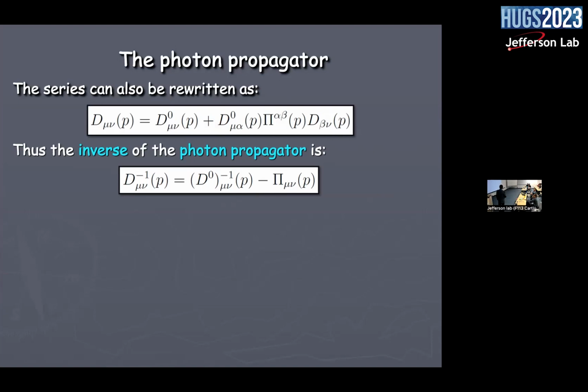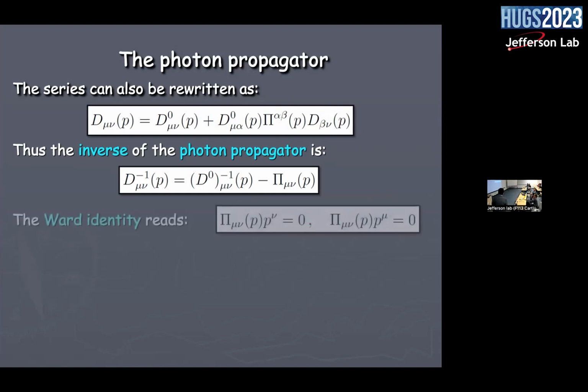And from the left side, you multiply by D^0 inverse. So only this thing will be left. And therefore, instead of this, you will have a D^0 inverse. It's just written in a more compact way. Indices will probably make your life a little more complicated, but I'm sure you can handle that.